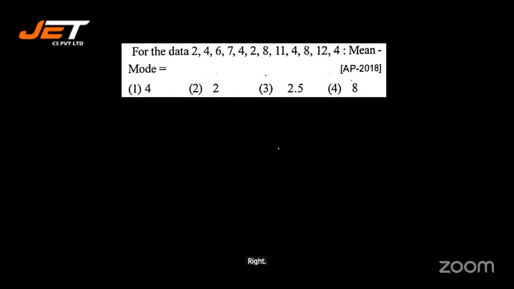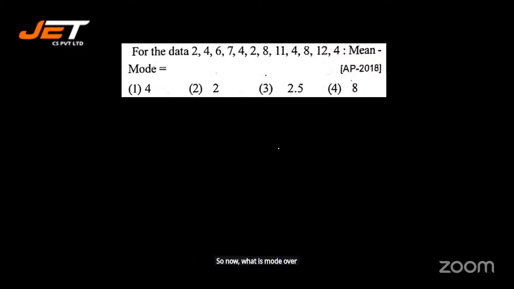See the next question. For the data 2, 4, 6, 7, 4, 2, 8, 11, 4, 8, 12, 4, mean minus mode is dash. So now what is mode over here?